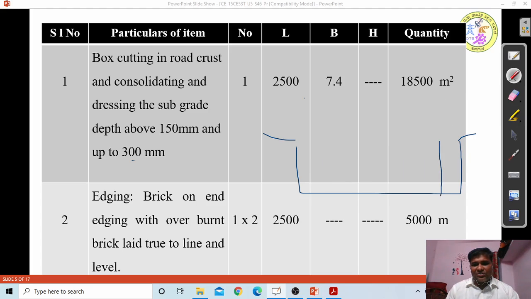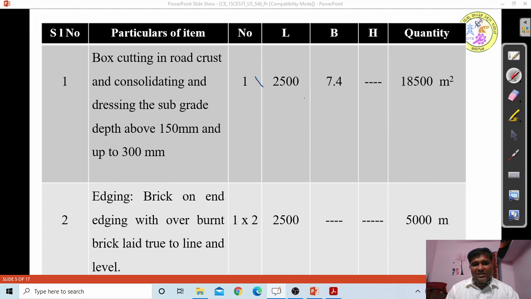The depth usually cut will be 150 mm up to 300 mm. We know that for any earthwork for a depth between 150 to 300 mm, the depth will not be considered, and it will be measured in square meters.